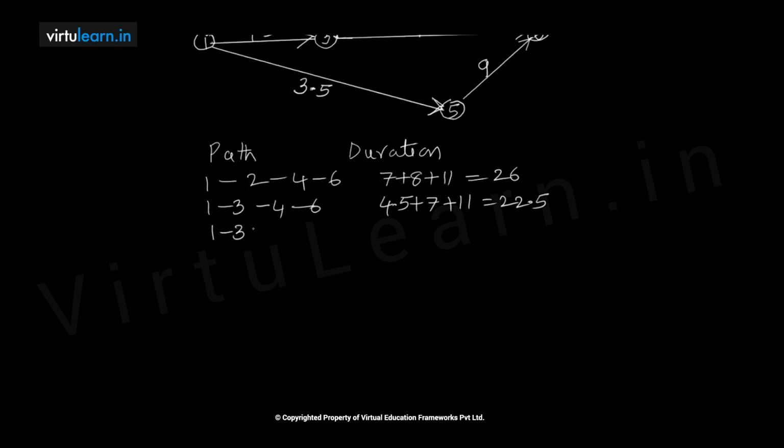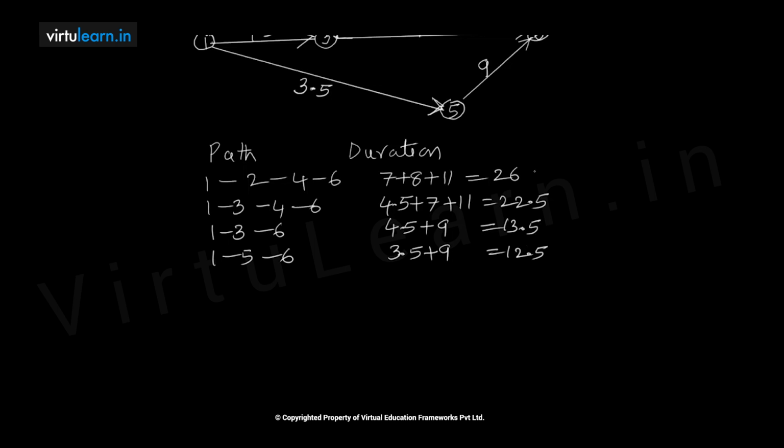Then 1, 3, 6. 4.5 plus 9, which gives us 13.5. Then we have path 1, 5, 6, 3.5 plus 9, that is 12.5.